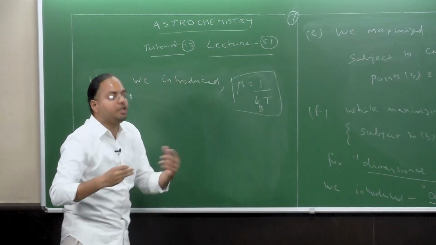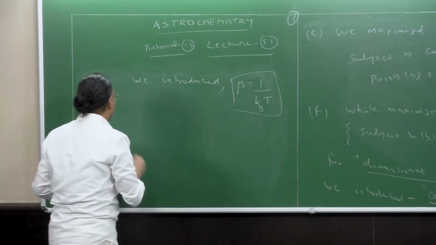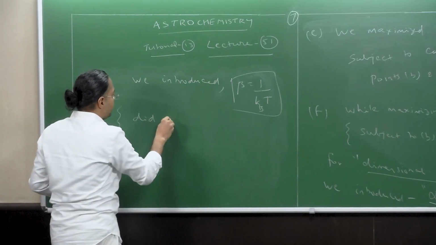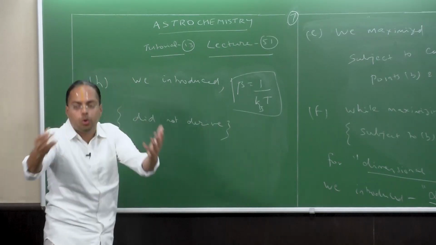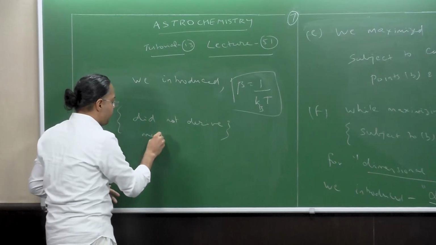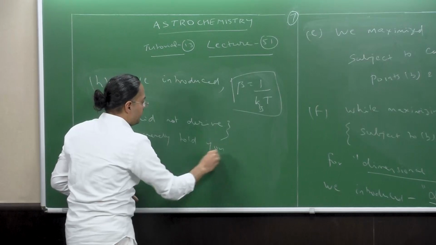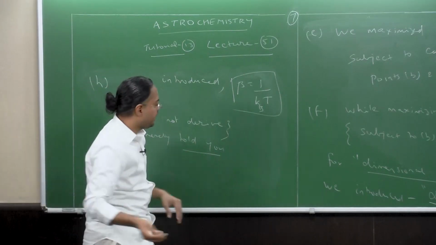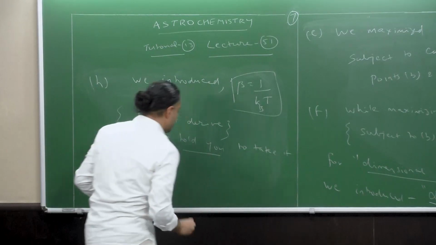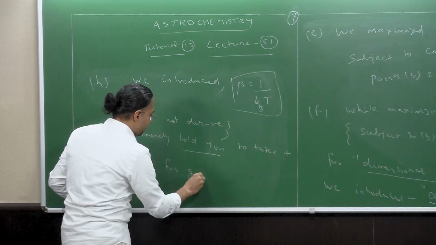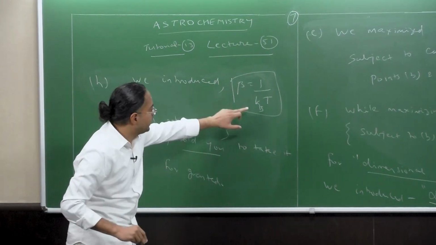I simply introduced, I did not derive, I emphasize categorically, did not derive it, but merely told you to take it for granted. So we introduced beta equals 1 over kBT.